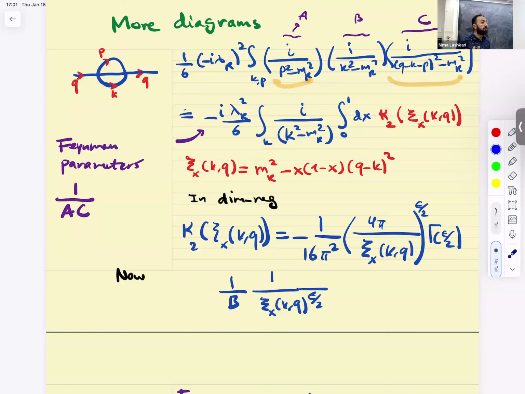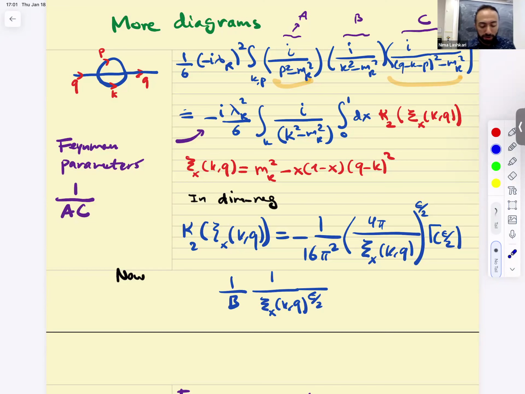So what you would like to do is generalize your Feynman parameters to something like this: A to the power of epsilon 1, or some arbitrary n and m, where n and m are real but not necessarily integer.